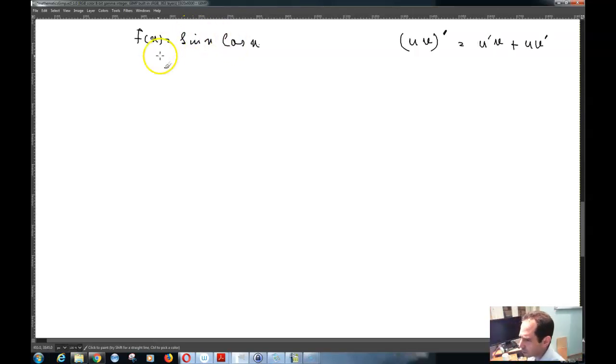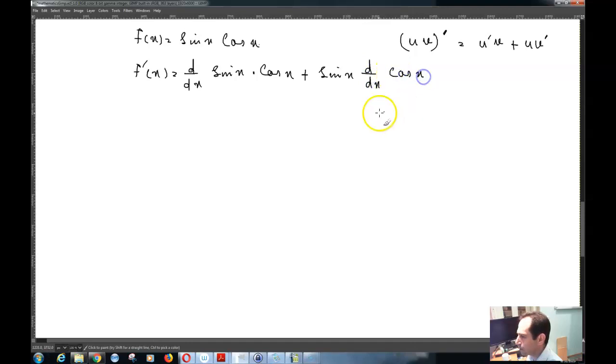Then the derivative of this function, f prime of x, is equal to d by dx of sine x times cos x plus sine x times the derivative of cos x.